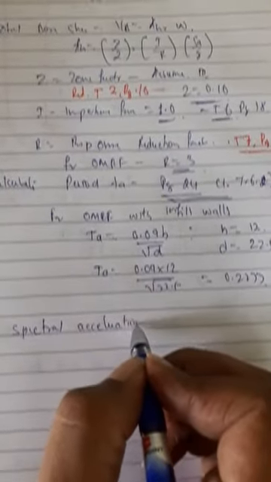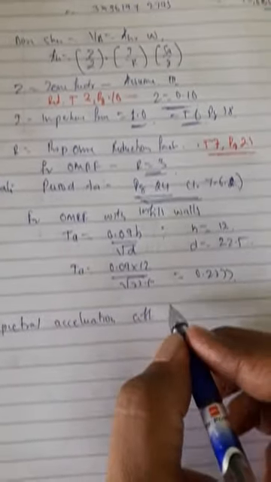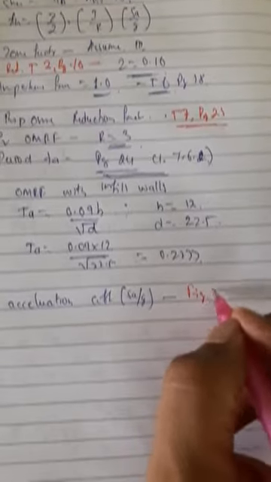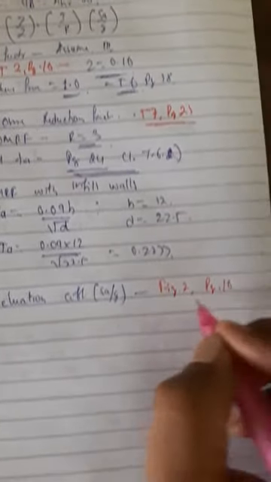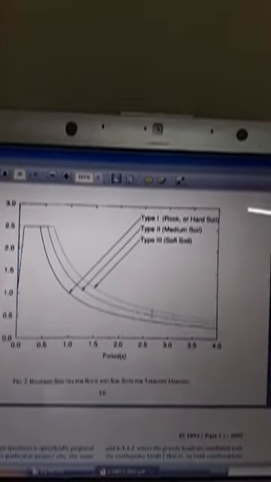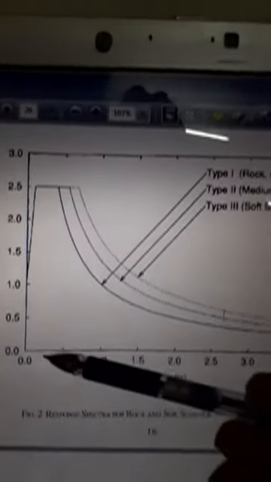Spectral acceleration coefficient, that is SA by G. For this, refer to figure 2, page 16. Now let us go to figure 2. Yes, here my fundamental period TA is 0.2277, it lies somewhere here.